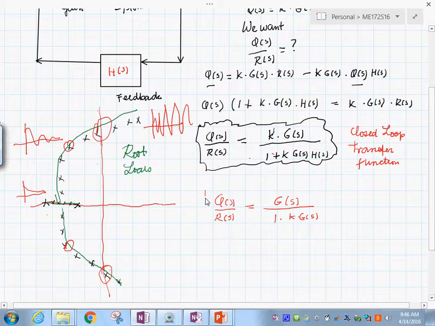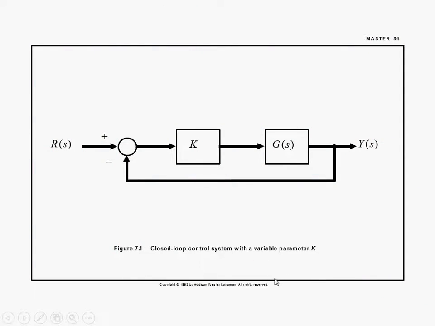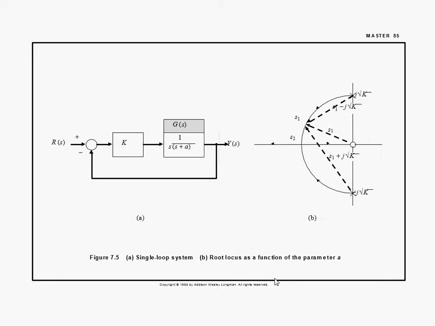This would be the transfer function that we have on the system that I just showed you. So we are going to be experimenting and seeing what happens when we change k from 1 to infinity.